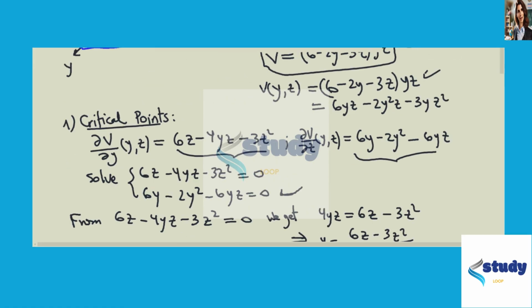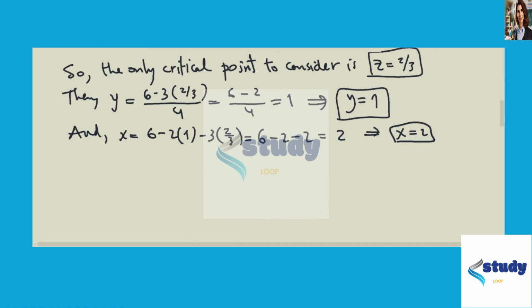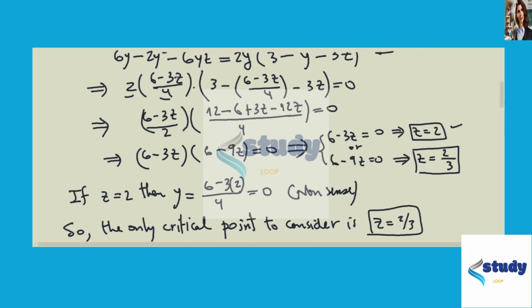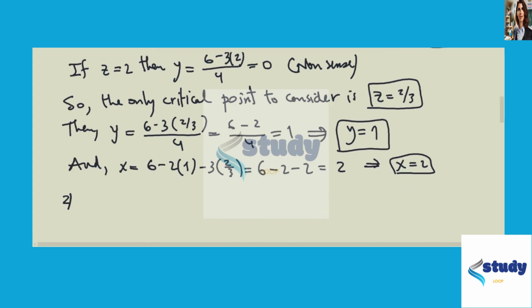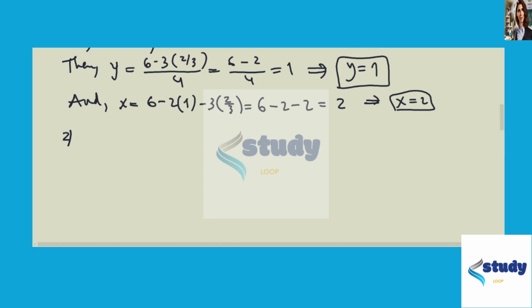But now we are going to verify that in fact we have at least a local maximum with this point. And to do that, we use the second order condition, in which we use the second order derivatives of the function.